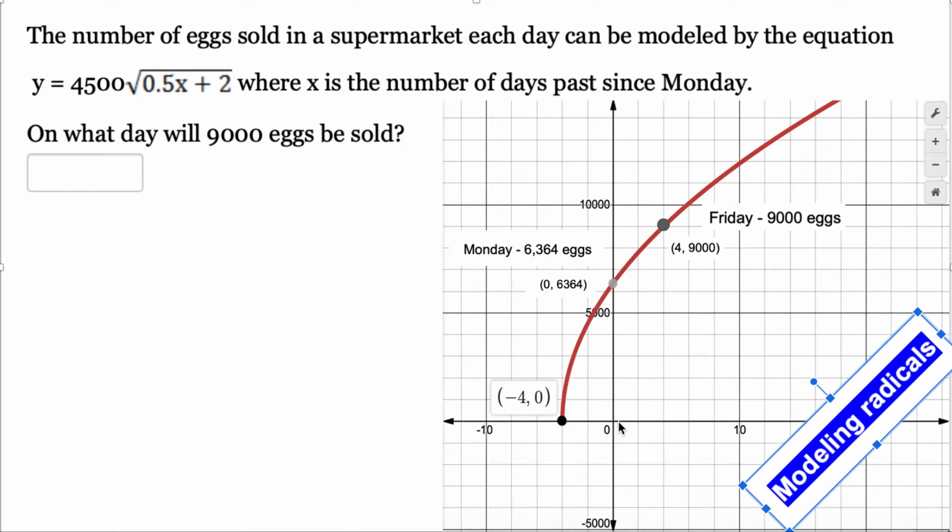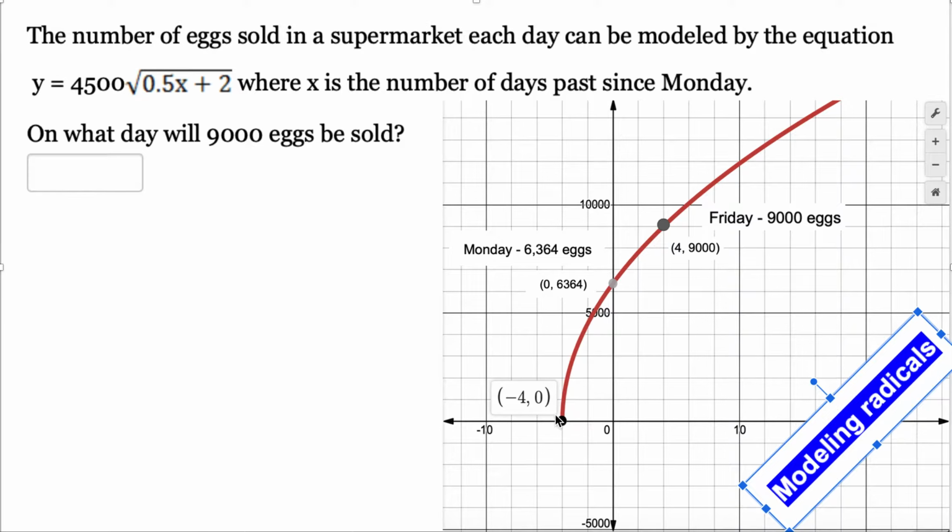As we mentioned before in other lessons, the domain on the negative side does not make sense in a real world situation. The domain has to be restricted from 0 to infinity, and the range is from 0 to infinity up.